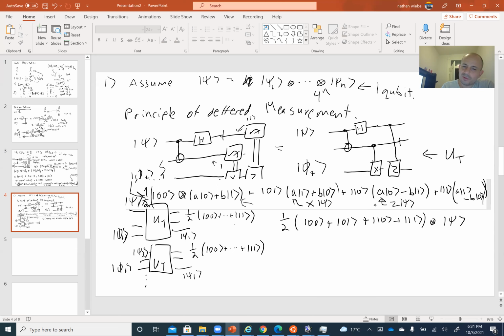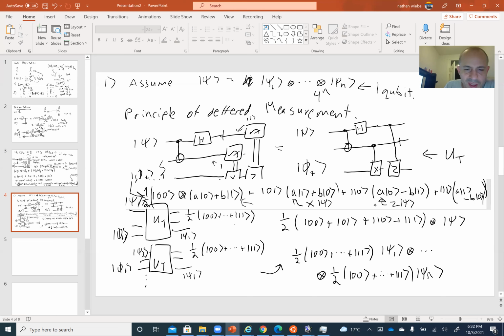So if we do this to each of our qubits, we're going to get a quantum state that is going to be of the form 1/2 (|00> + |11>) psi 1 tensor 1/2 (|00> + |11>) psi n for each of the n copies of the circuit that we've applied.